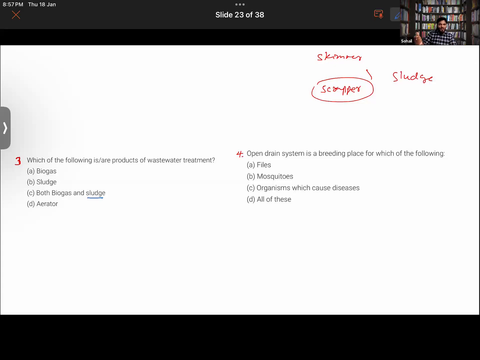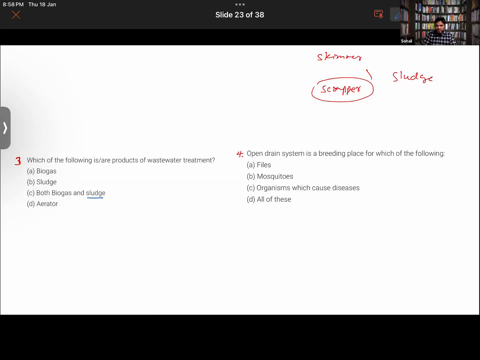You are getting clean water that is dumped into the water bodies or supplied to the homes of the people, right? Further, the useful products apart from the clean water are biogas and sludge, because sludge is dried and then used as manure or compost. Right, guys? So second one, Chakrika, that is correct.